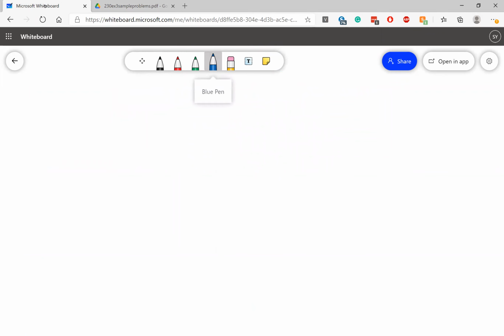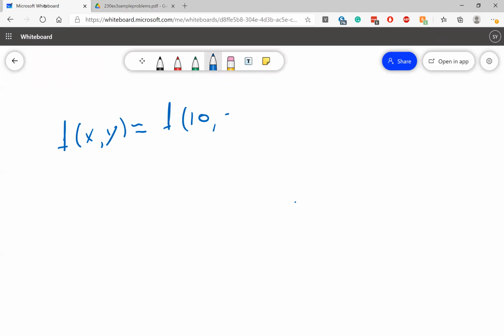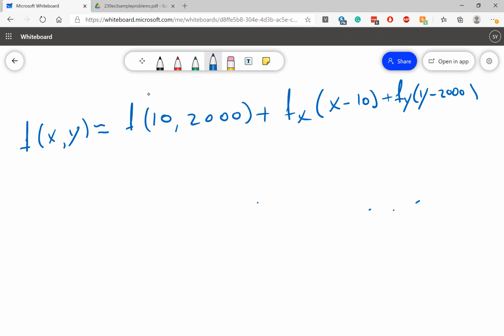The approximation of f(x, y) is approximately f at (10, 2000) plus the partial with respect to x times (x minus 10) plus the partial with respect to y times (y minus 2000).